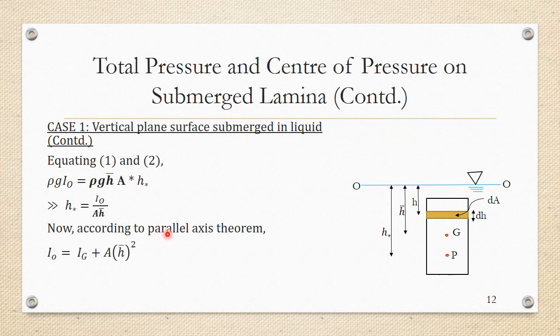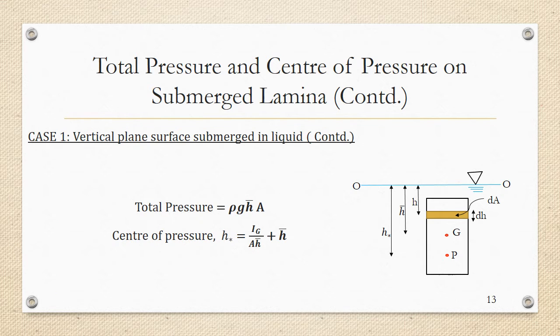If I substitute this value in the numerator of h star, I will get h star is equal to IG plus A h bar the whole squared, divided by A h bar. So I will end up getting h star is equal to IG by A h bar plus h bar, and this is the mathematical expression for the distance of the center of pressure from the free surface.